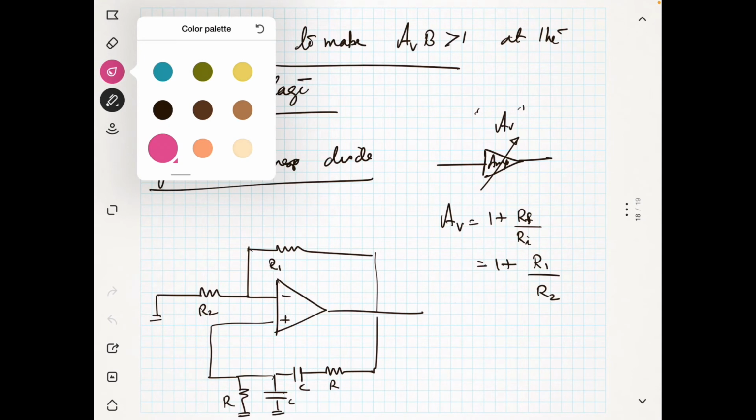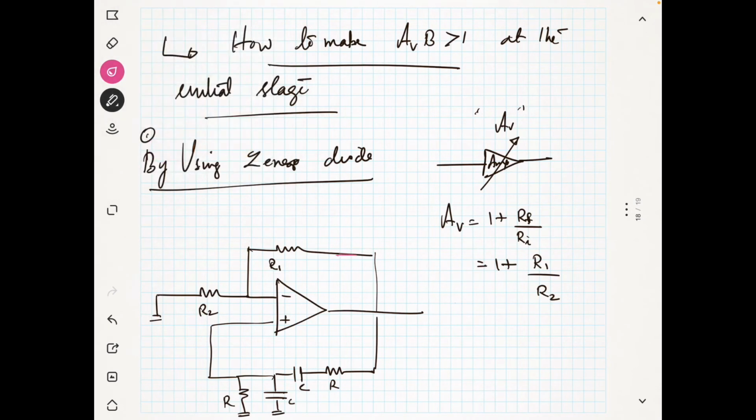For the startup condition, I will connect one more resistor here, and I will put it as R3. So what will happen to the gain? It becomes 1 plus R1 plus R3 divided by R2. Now you see the gain is increased.